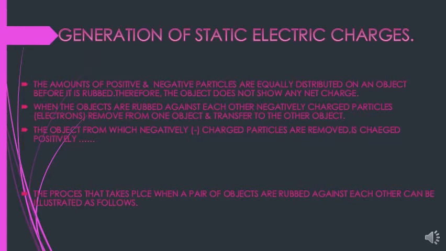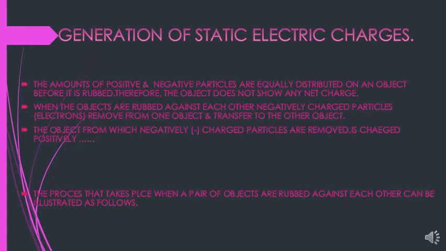Generation of static electric charges. The amounts of positive and negative particles are equally distributed on an object before it is rubbed. Therefore, the object doesn't show any net charge. When the objects are rubbed against each other, negatively charged particles, that means electrons, are removed from one object and transferred to the other object.